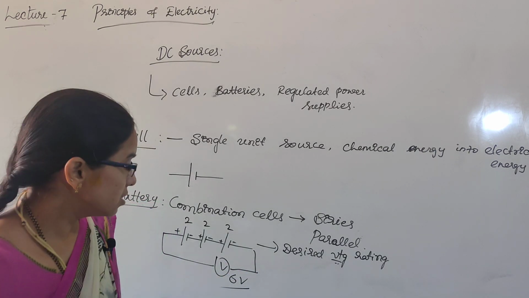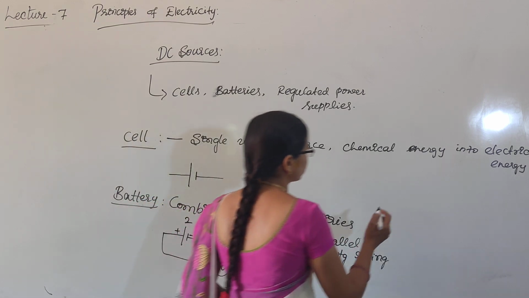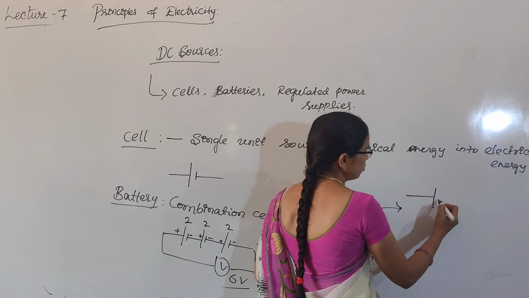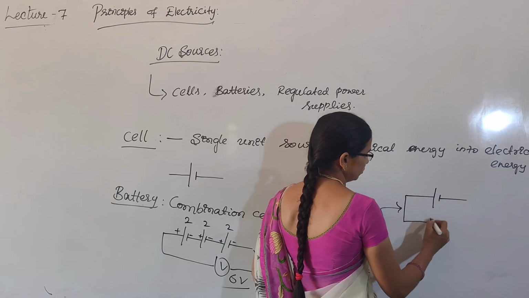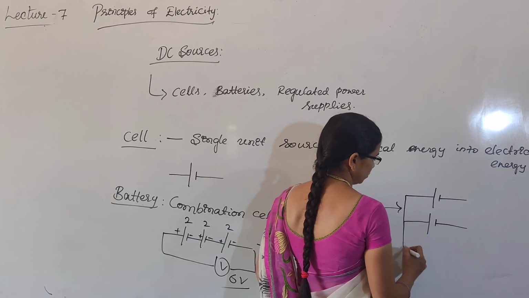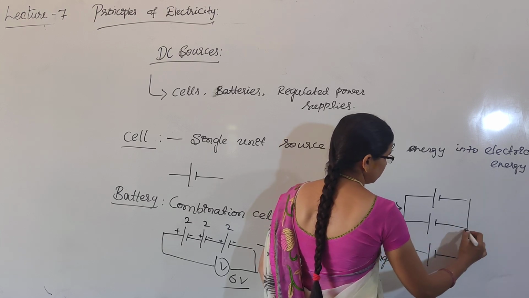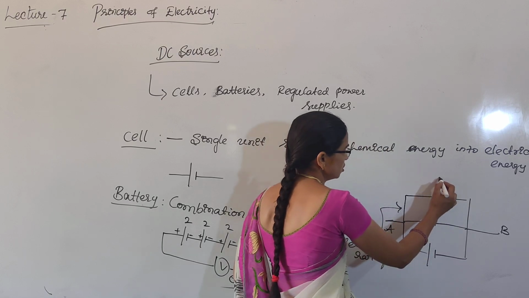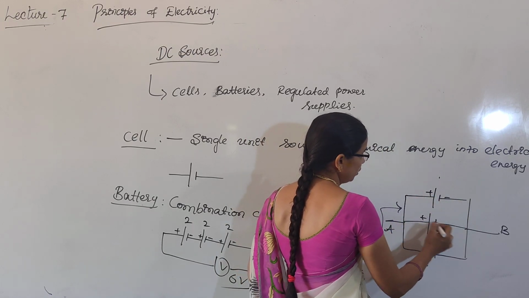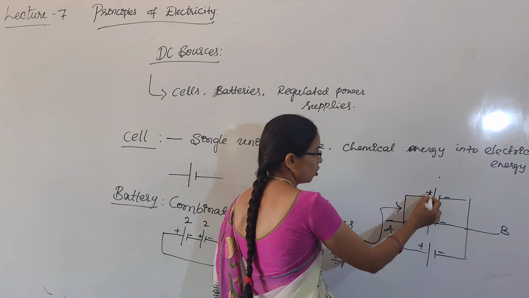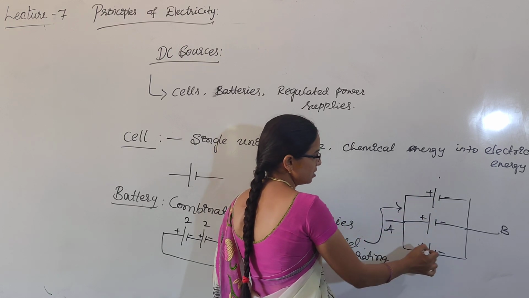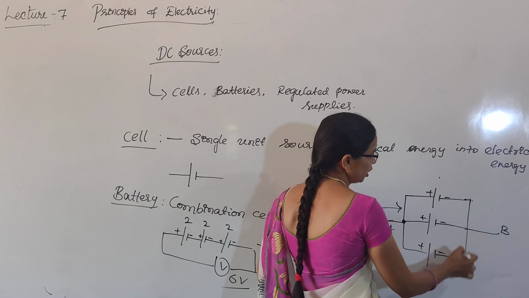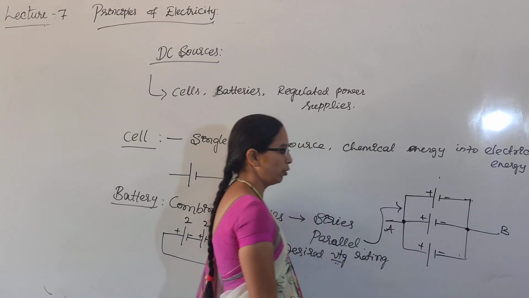Okay. In the case of parallel combination, the batteries will be connected like this. Like the combination of resistors we have seen, between 2 points, all the positive terminals of the batteries are connected to one point and all the negative terminals are connected together to another point.